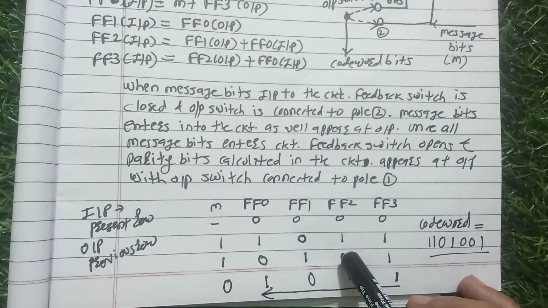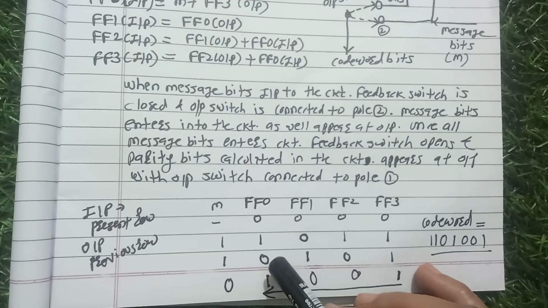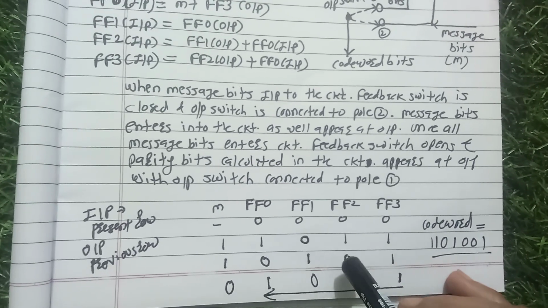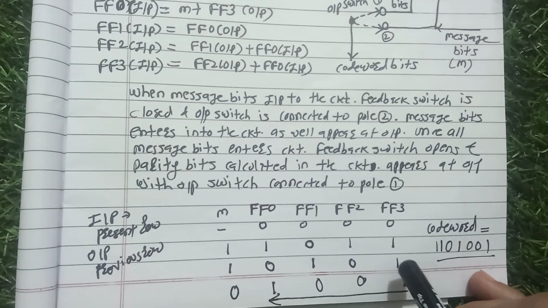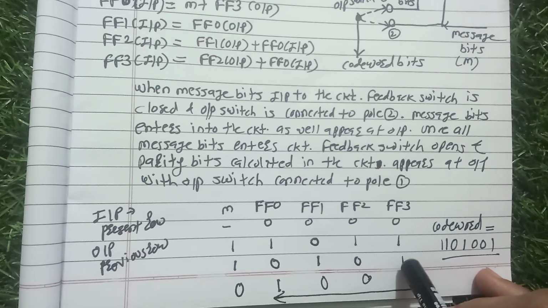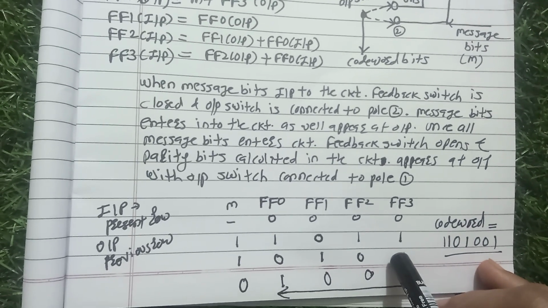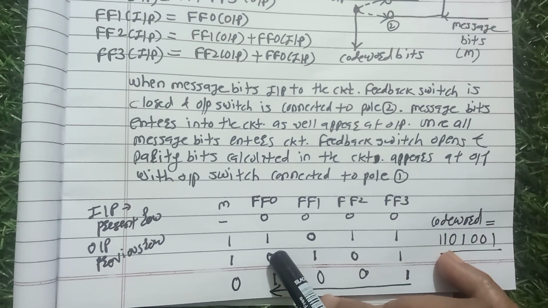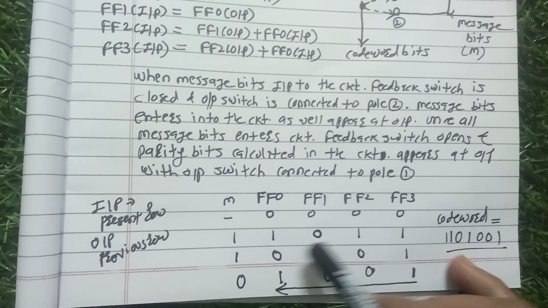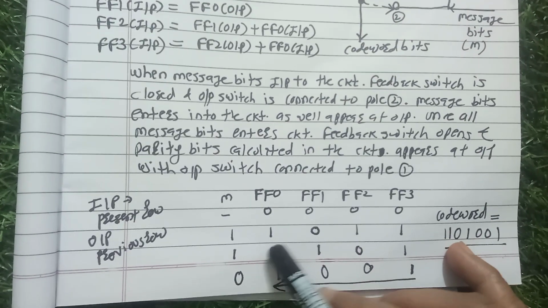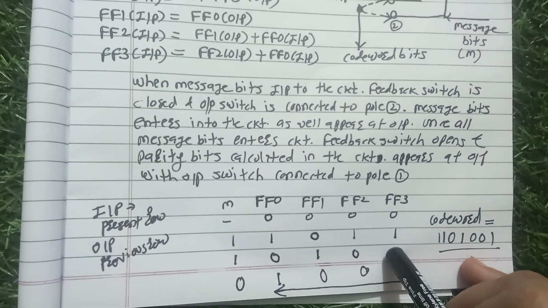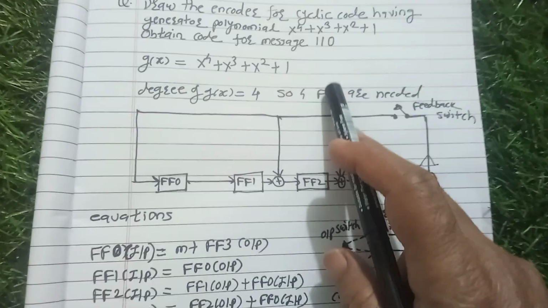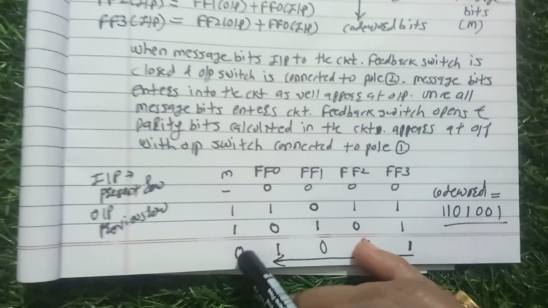Then flip-flop 2 input is flip-flop 0 input plus flip-flop 1 output. So 0 plus 0, 0. Flip-flop 3 input is flip-flop 0 input plus flip-flop 2 output. So 1 plus 0, this one. After that, the message is 1 1 0, so this 0.